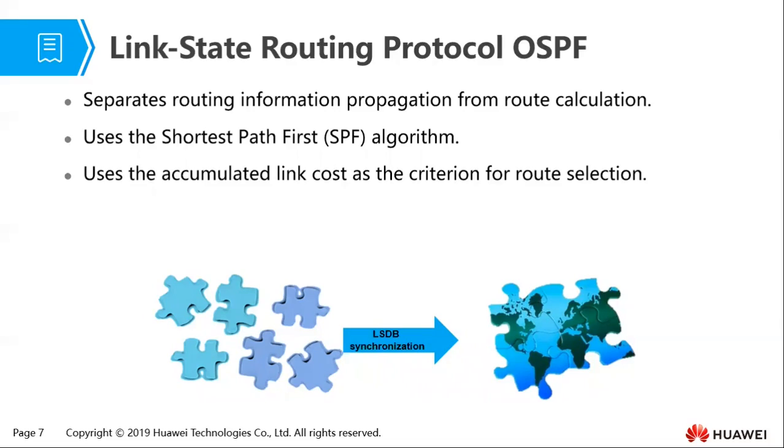RIP falls under what we call distance vector. It's a distance vector algorithm protocol. Then the second type is what we call link state routing protocols.